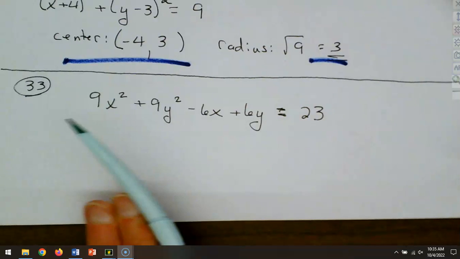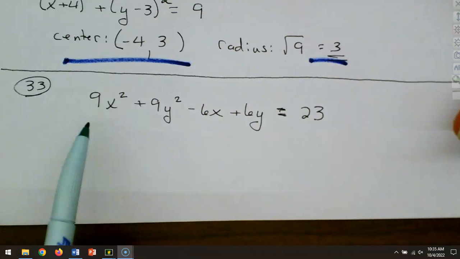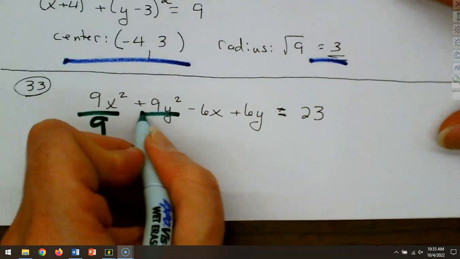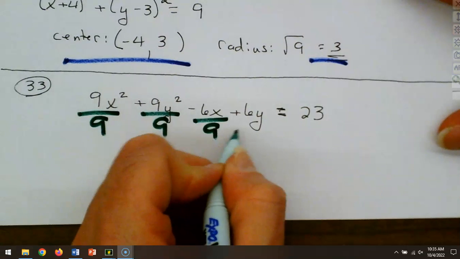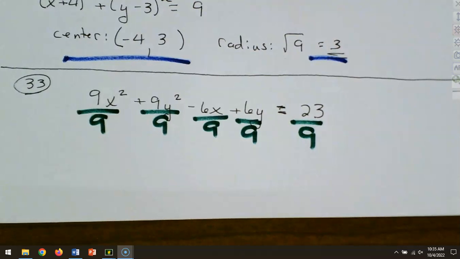So if it's 8 and 8, 9 and 9, in this case, 5 and 5, whatever it is, in this case it's 9s, you've got to divide everything by that 9. They're going to be the same. Divide everything by the 9. It has to be x squared and y squared alone. Now, that may induce fractions, and that's okay, but we will work with those fractions.